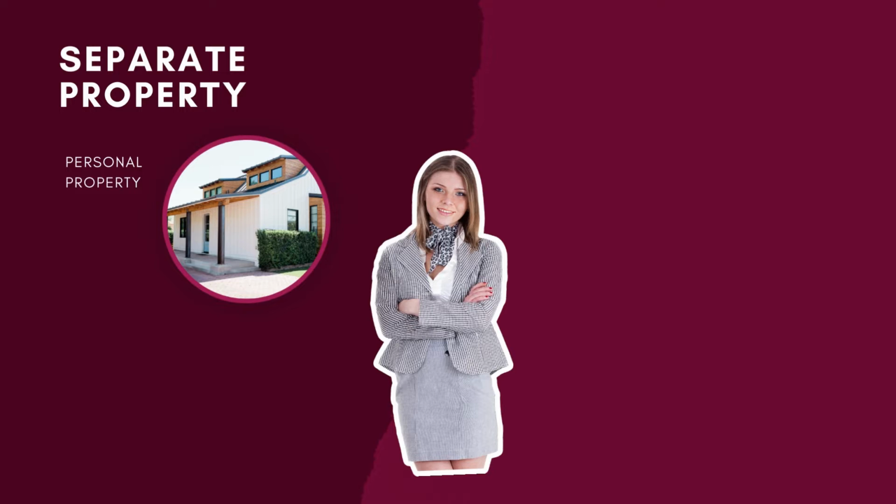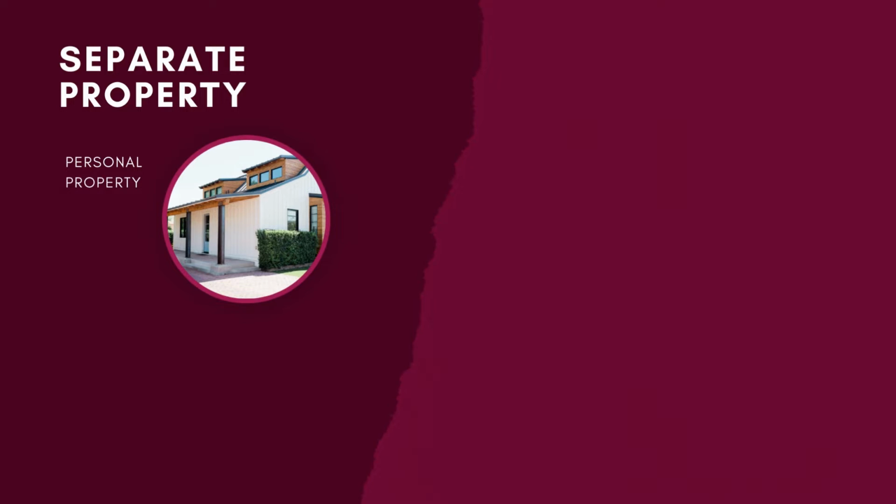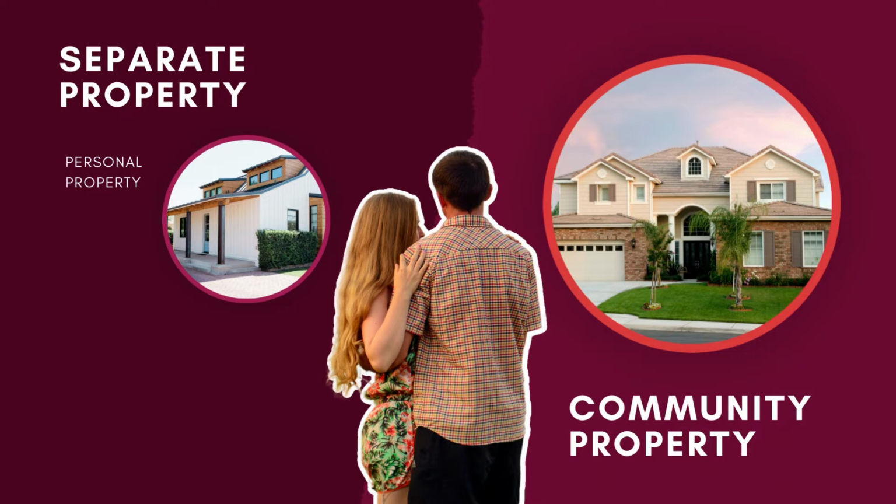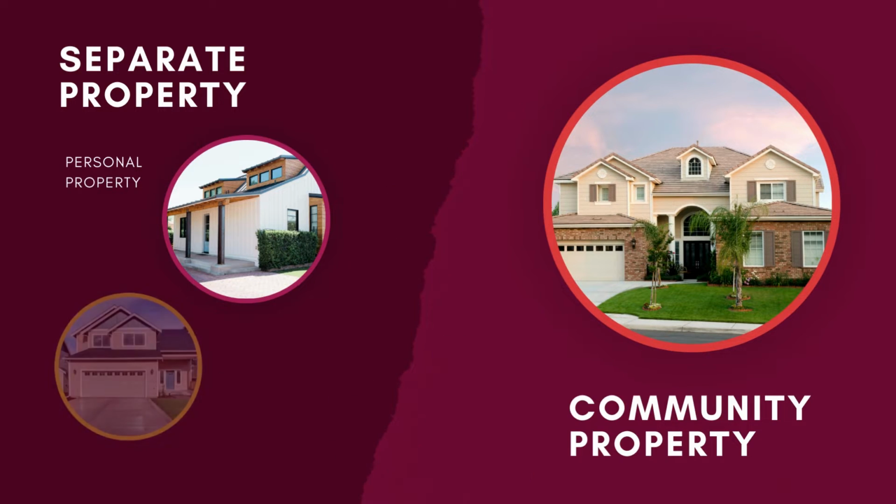If I become married, I keep my home, that is my separate property. We buy a house together, that becomes our community property. If my parents passed away and I inherited their home, that is my separate property. It's an inheritance. So it would not go into the community that I share with my husband. It remains my ownership separate.